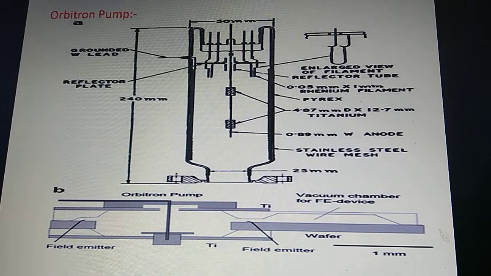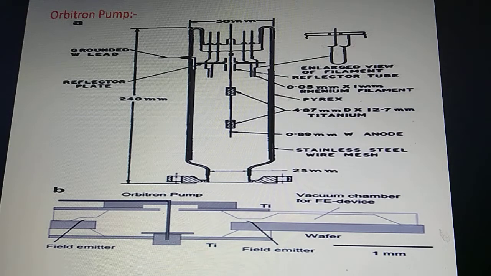Fine. So in this pictorial representation of the Arbitron pump, you can see it consists of the filament, and the middle stick-like structure is a titanium rod, right? The filament and the titanium rod are the important parts of this Arbitron pump.